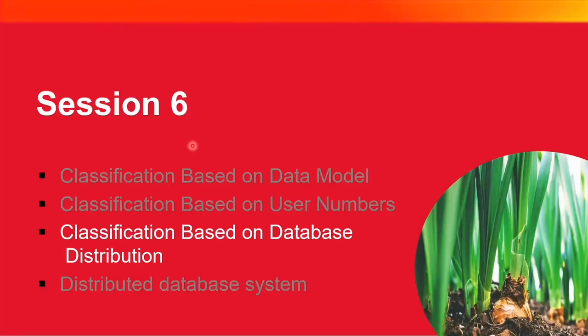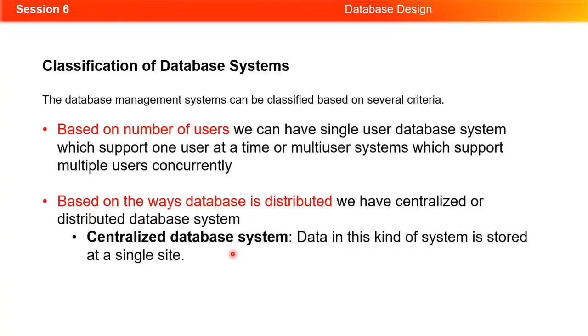We are still on session 6, and in this session we are going to discuss classification based on database distribution. There are really two types of distribution for a database: a centralized distribution model or a fully distributed database model.